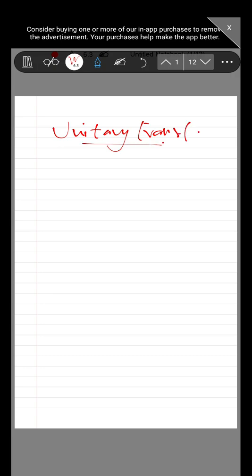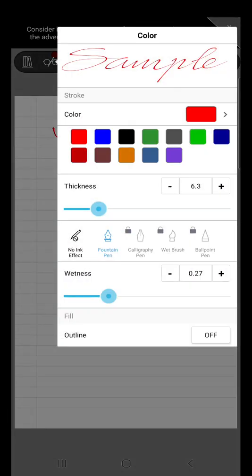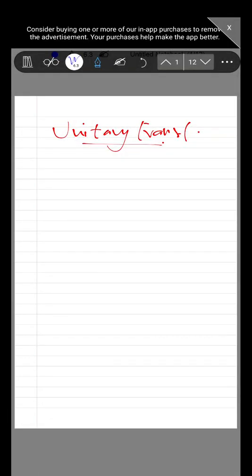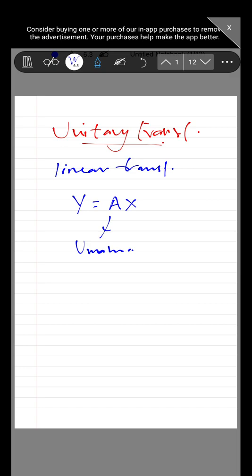Here it is basically a linear transformation, where y is equal to Ax, where A is a unitary matrix and x is a vector, and then this transformation is called the unitary transformation.